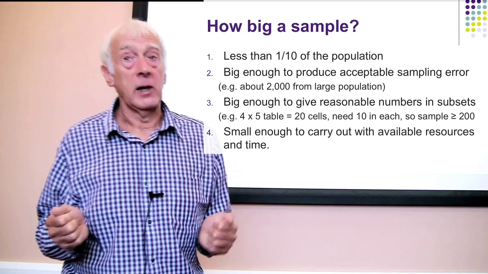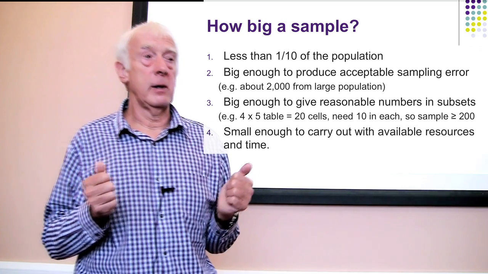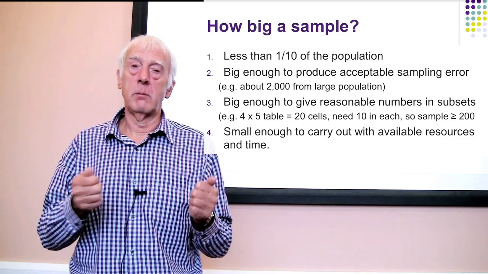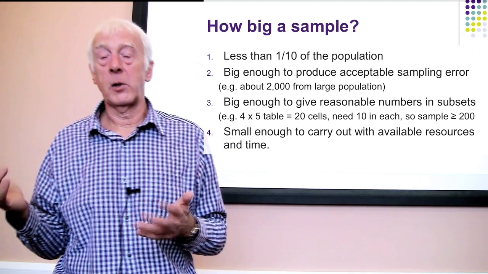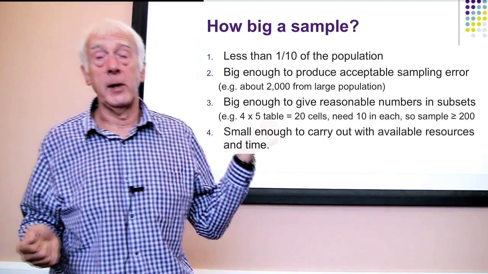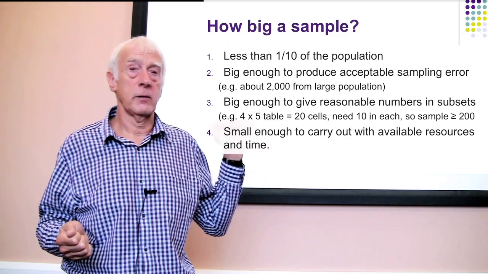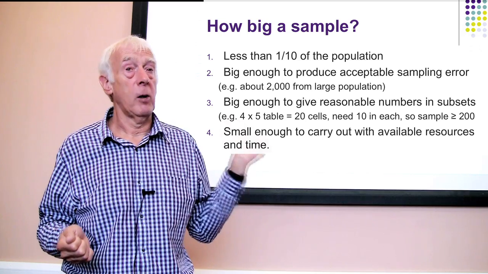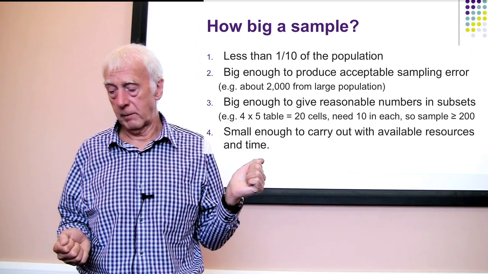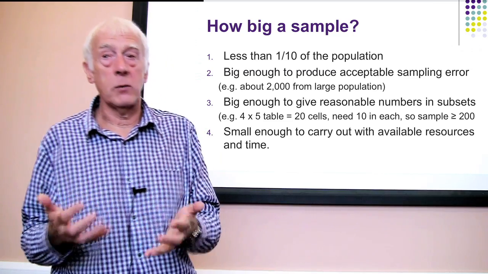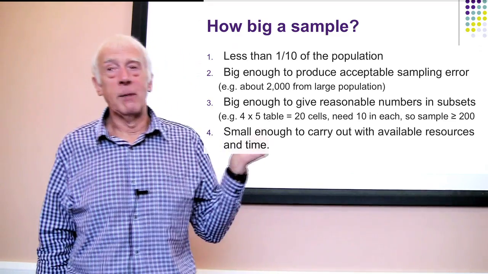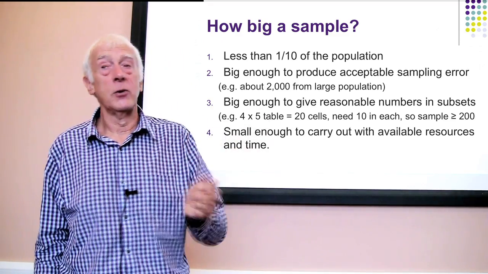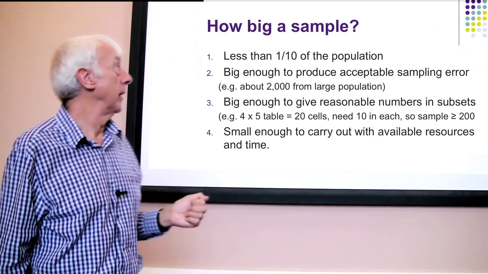Now you might think that looks like a big number. If we're doing properly designed studies done by government, by universities, by commercial companies and so on, then they will be thinking in these kinds of numbers: 2,000, 3,000, 4,000, 5,000, very common numbers used in surveys. If you're doing a student project, an undergraduate or postgraduate project, then these are huge numbers. Getting hold of this number of people, unless you're doing it through the web, is quite difficult.